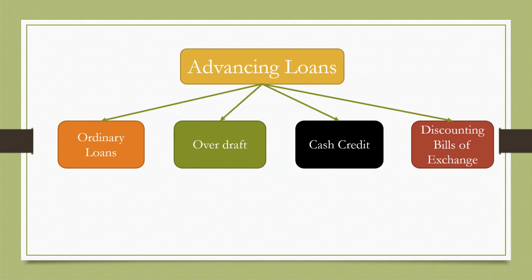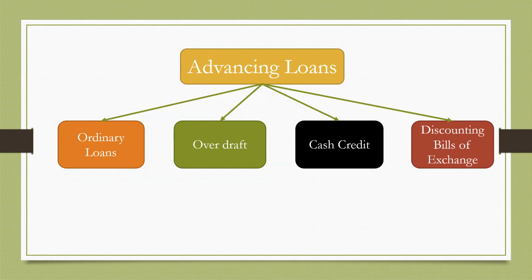Next, we can see about cash credit. This is granted usually to businessmen against the hypothecation of securities. Usually, the loan amount depends upon the value of hypothecated goods in the warehouse. The bank opens an account in the name of the borrower itself.